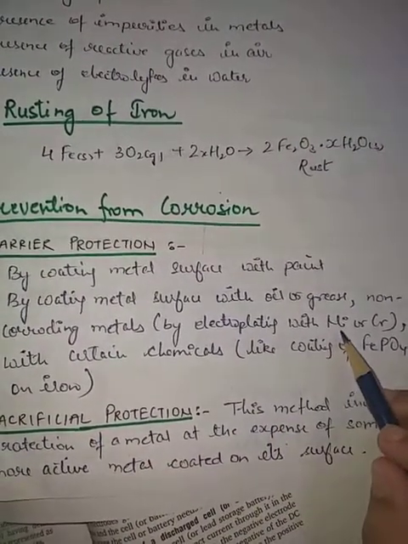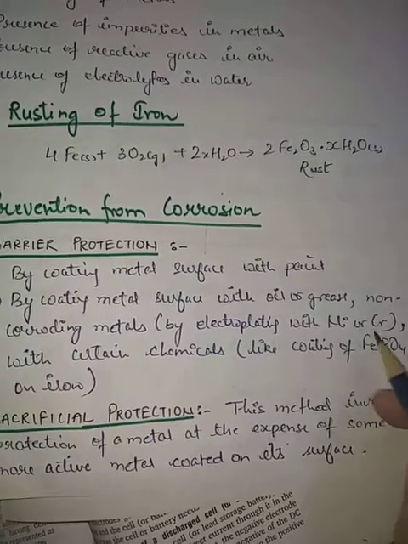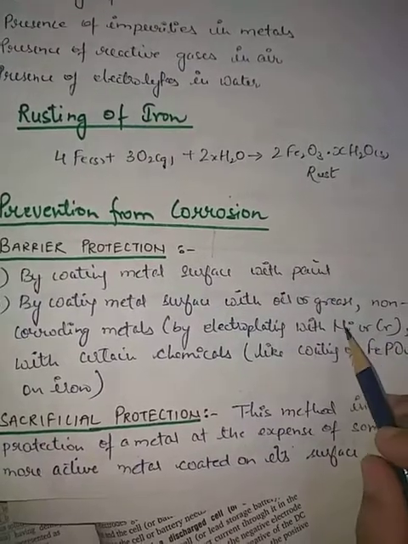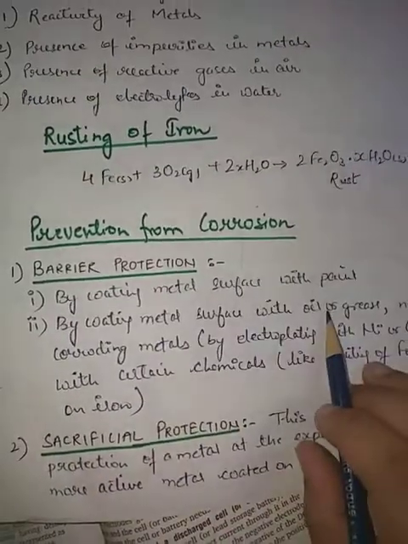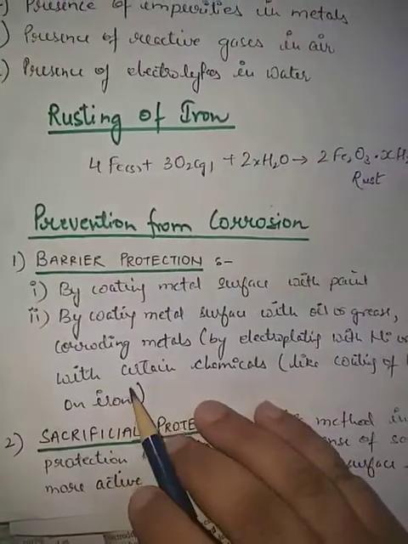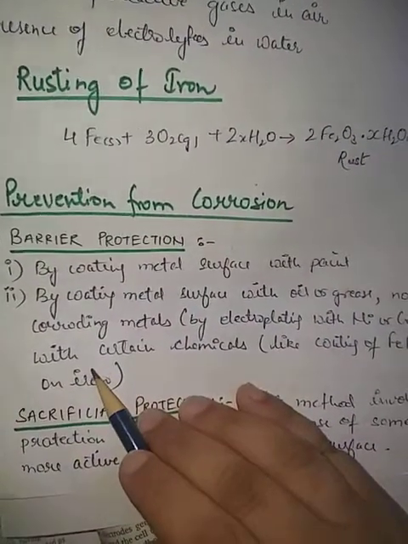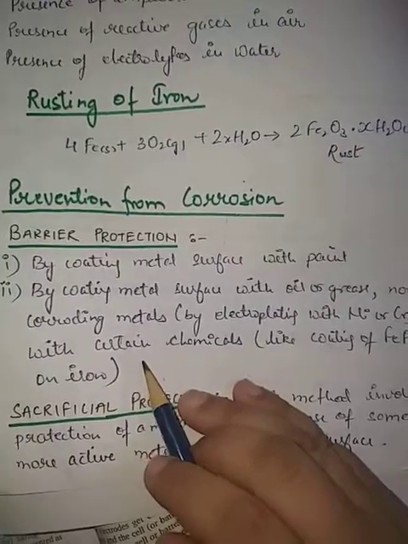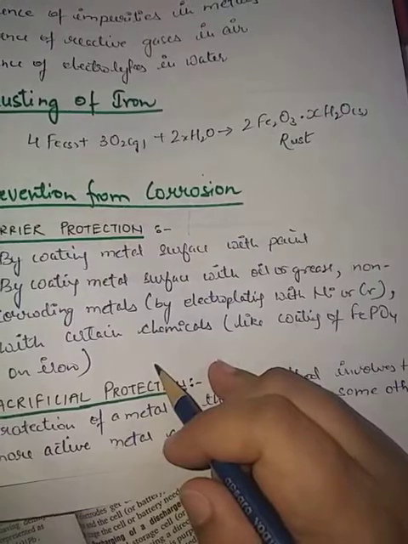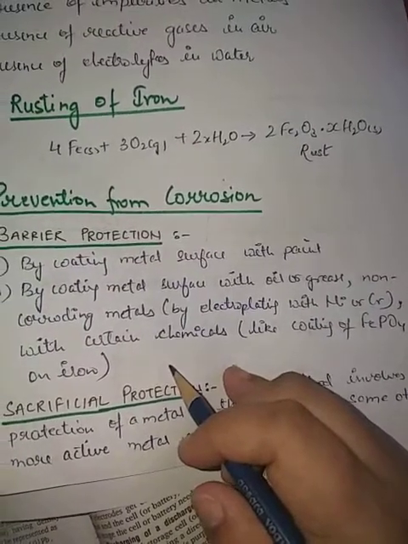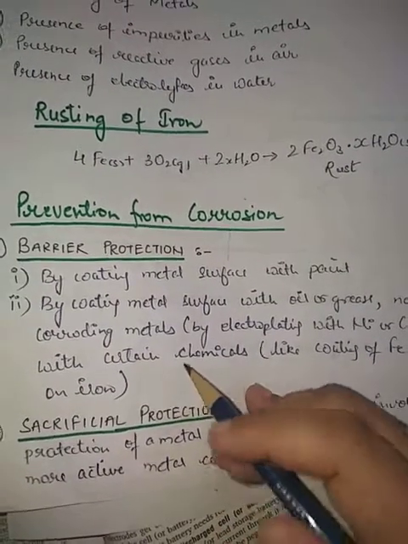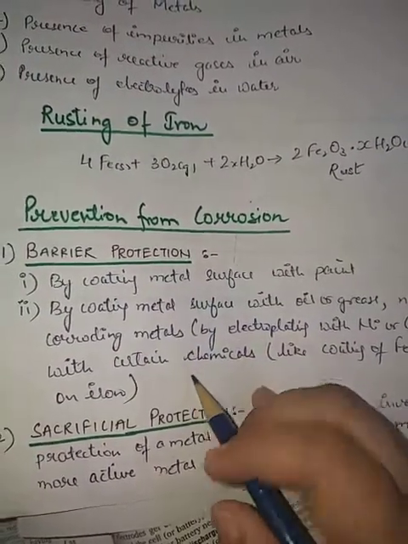Like if we cover the surface of the metals with nickel or chromium, which are non-corroding metals, they will protect the active metal beneath. And if we cover the metal with some chemicals, like iron phosphate, it can protect the articles from getting corroded. So these are the barrier protection methods.